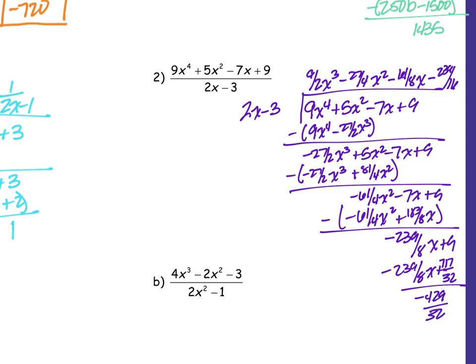So it's that answer minus my remainder, minus 429 divided by 32 times 2x minus 3.